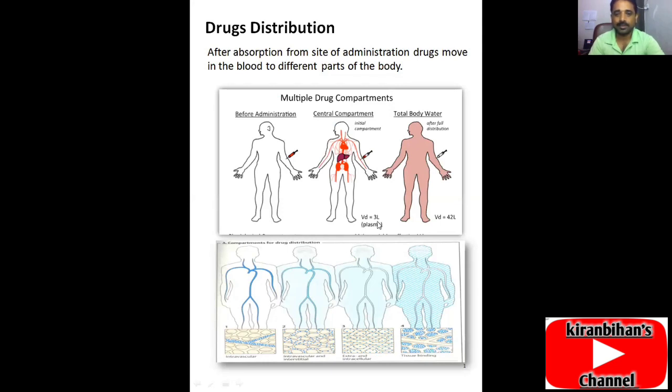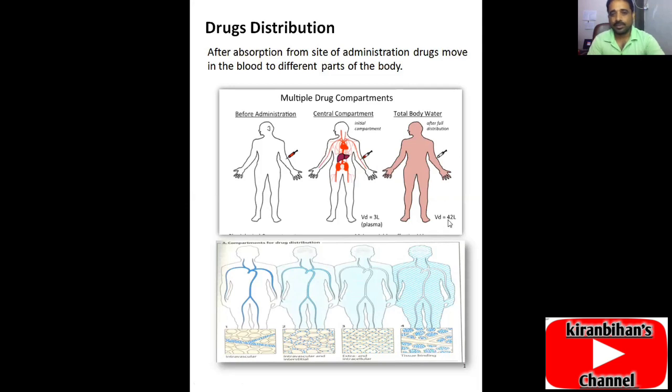For example, any protein drug that is given through the IV route, due to high molecular weight, cannot cross the blood vessels or the pores available in the capillaries. So it remains in the blood, and the drug will have a low volume of distribution.